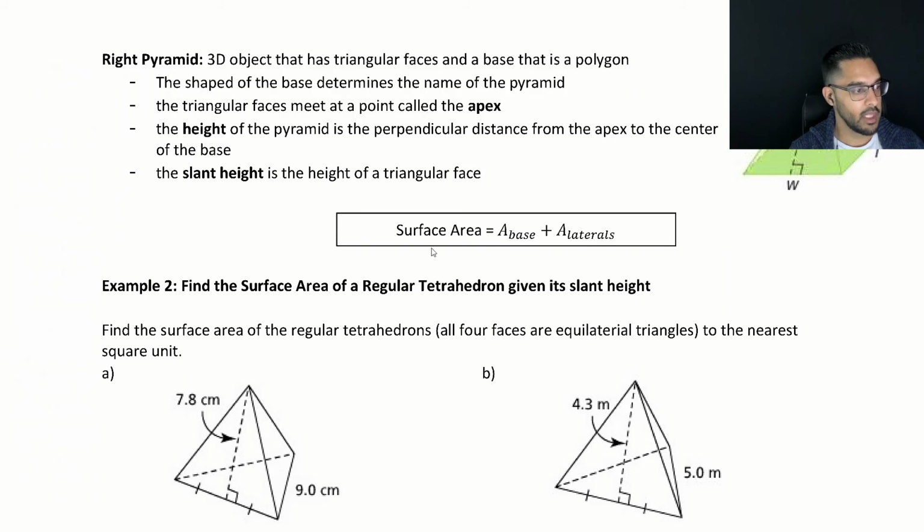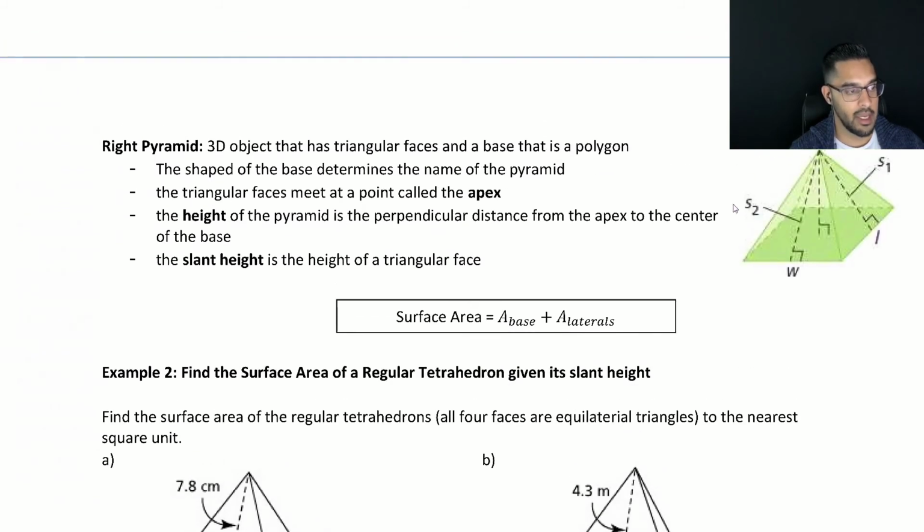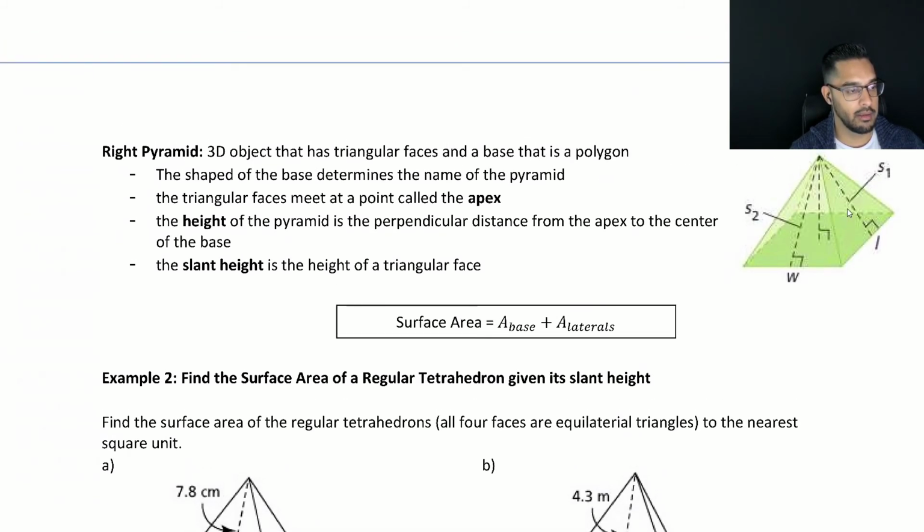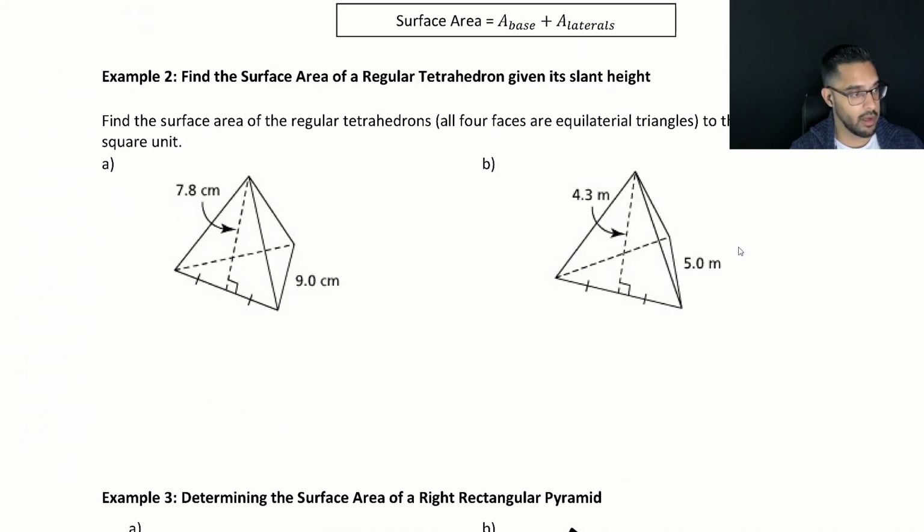So, in order to find the surface area of them, we'll find the area of the base, then the area of those lateral faces. The number of those lateral faces might change depending on the type of pyramid we're dealing with, but it works very much the same. Okay, so you can give that a read as well. The height of that pyramid is the perpendicular distance from the apex to the center of that base. That's helpful because sometimes we might actually have to find those slanted heights, which we'll talk about together underneath.